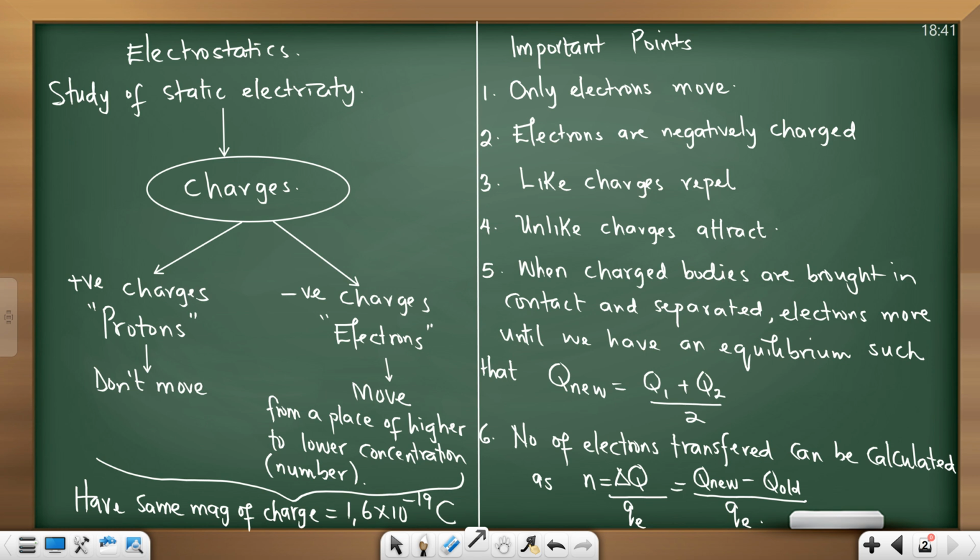The number of electrons transferred can be calculated as N equals delta Q over QE, where delta Q is Q new minus Q old. I've not done anything grade 11. I'm only playing around with things we learned in grade 10. Once we are done, I'd like to move to the next page. Still on grade 10.